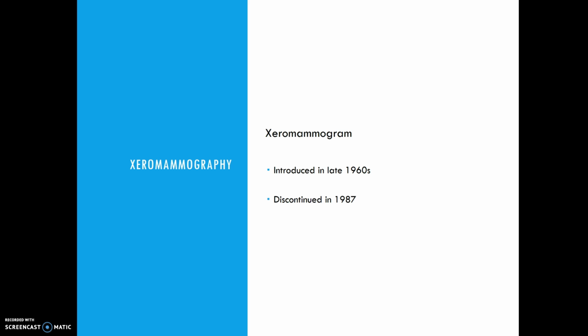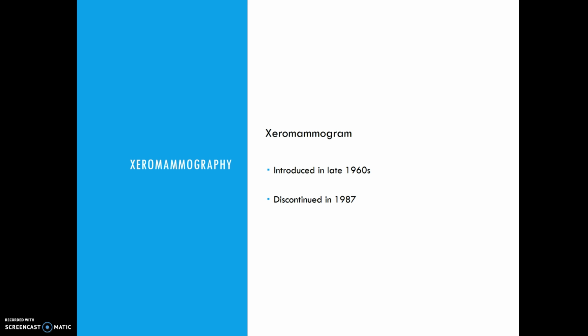It got put into a special processing unit that you had to purchase, and it processed onto a piece of white paper a blue and white image of the breast. It was a very pretty image, and you could see from the skin line all the way back to the ribs. So a lot of facilities really liked this technique and bought into it.